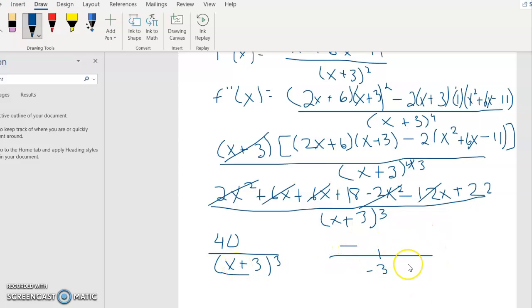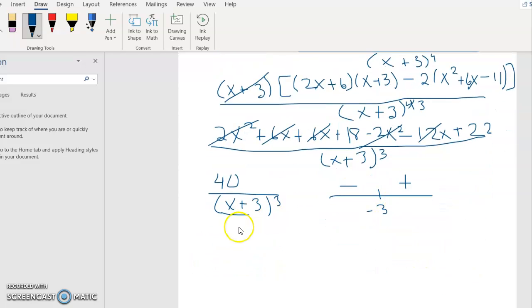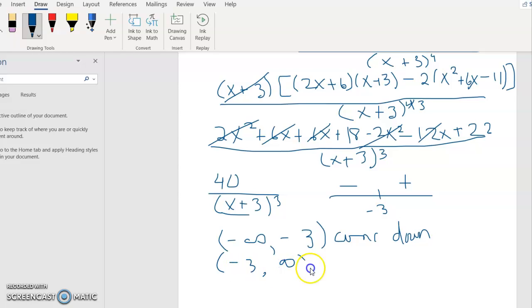If I choose something over here, let's say 0, if I put 0 in the bottom, it's going to be positive on the bottom, positive on the top. This is positive over here. So our concavity, this is concave down from negative infinity to minus 3. And from minus 3 to infinity, it is concave up.